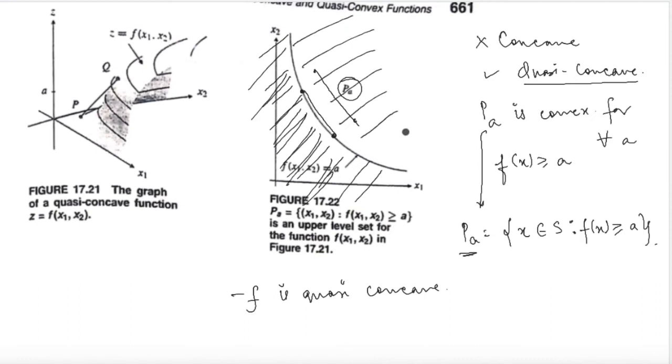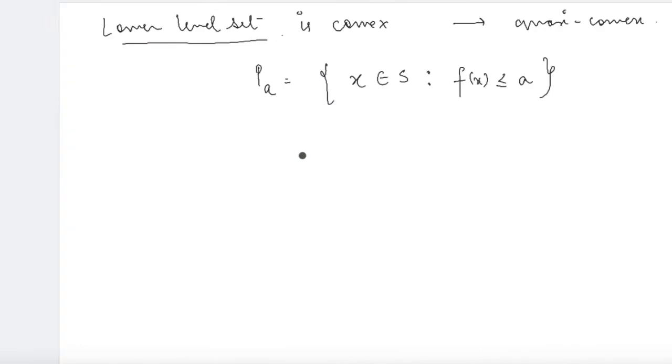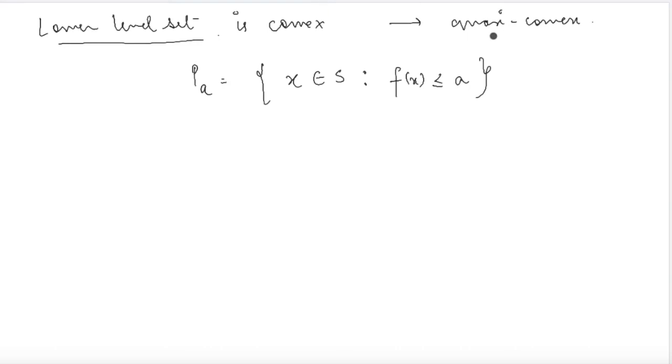This is convex, and hence it is called a quasi-concave function. If the lower level set is convex, then the function will be called quasi-convex. But this has to hold true for all A values. It is not just important that it should be true for one A value, but it should be true for all A values.